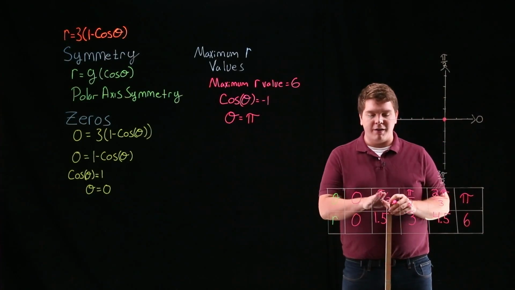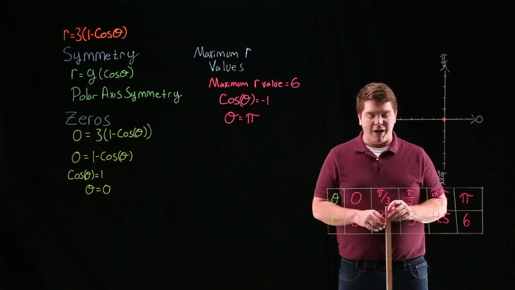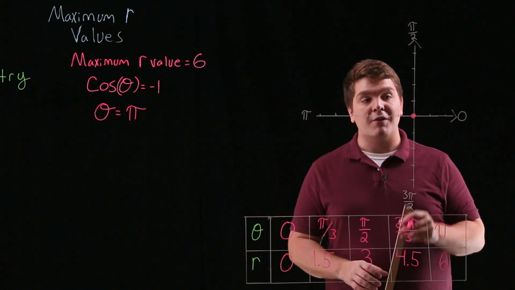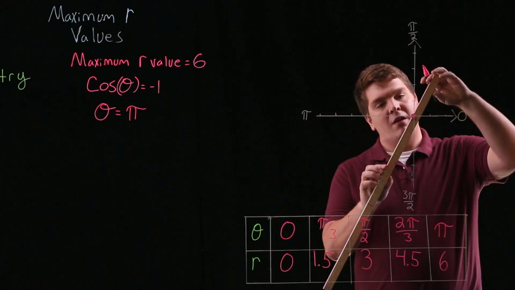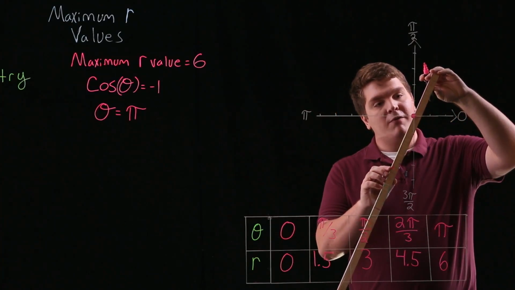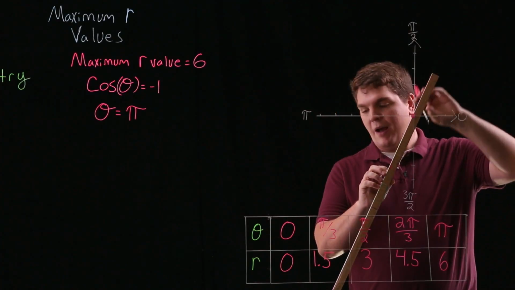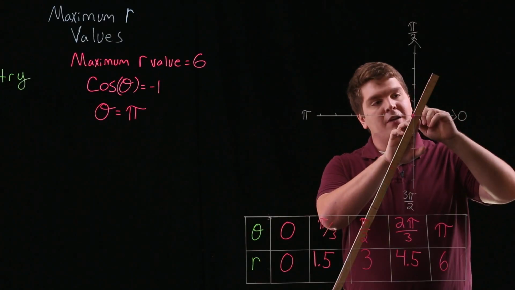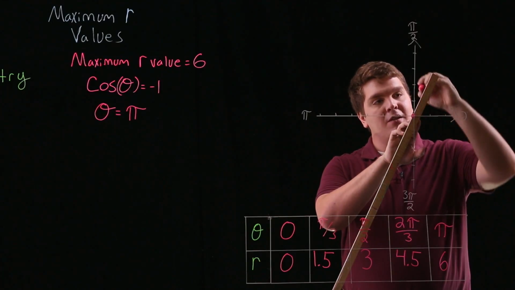Next, we want to think about a theta value of pi divided by 3, and our r value is going to be 1.5. So we're going to form an angle of pi over 3 radians, and we're going to come up 1.5 units.